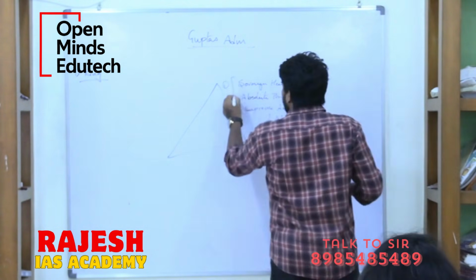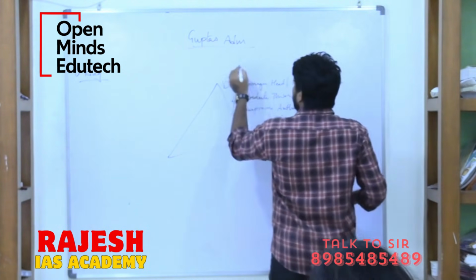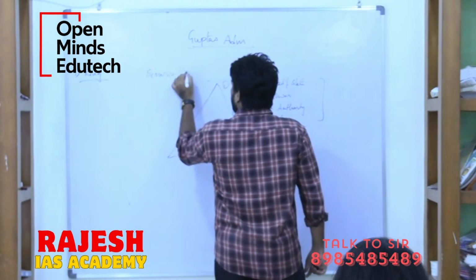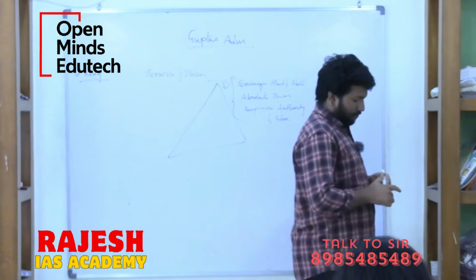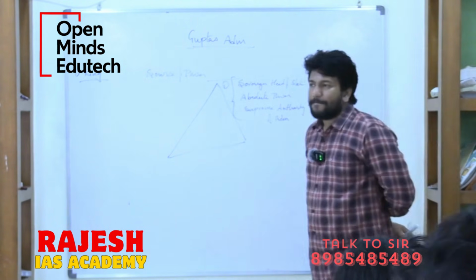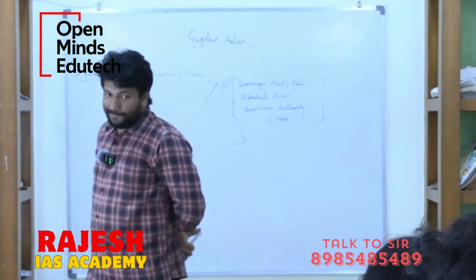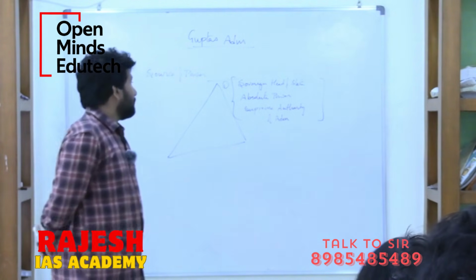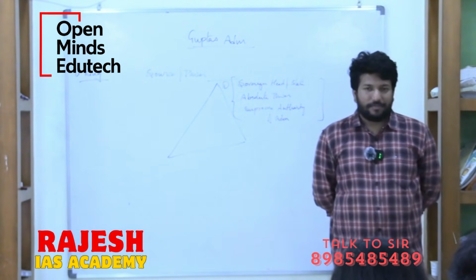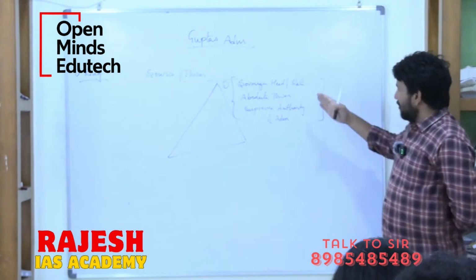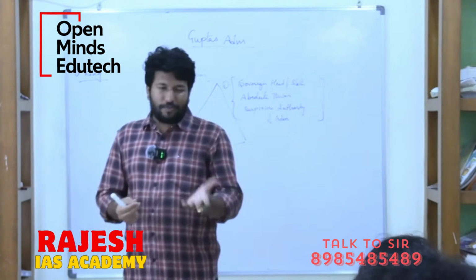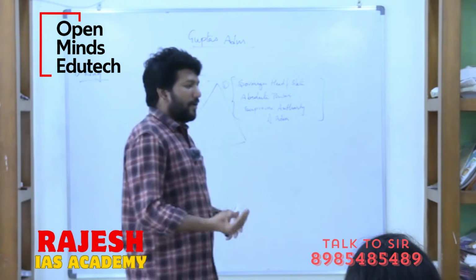Now understand, what is the source of power? What is the source of power of the Mauryan king? Military, the largest standing army, and the entire economy. Open the Mauryan administration on one side. I said, what is the source of power?